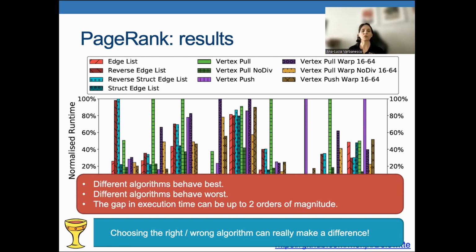Once we observed this, we started thinking about how we can actually solve this problem. The first idea was, okay, maybe what we're looking at in these figures is a very large variability because of the very large diversity of the graphs.